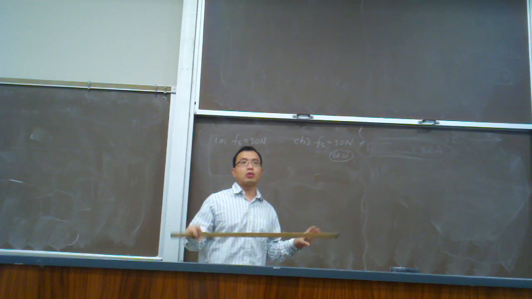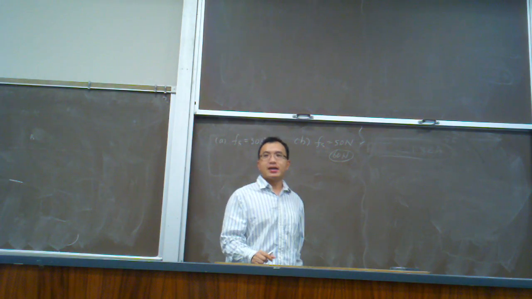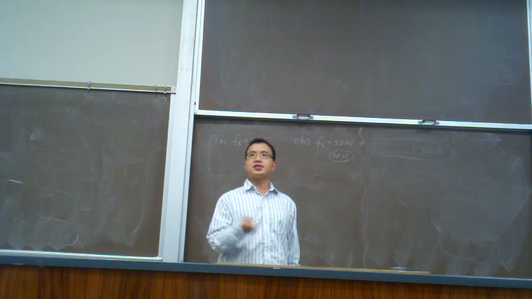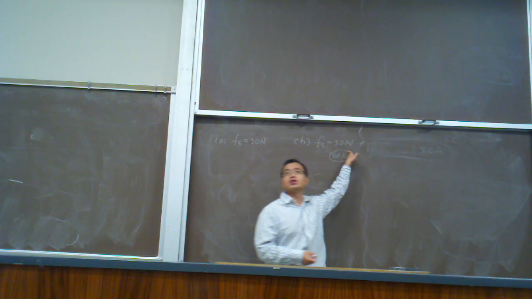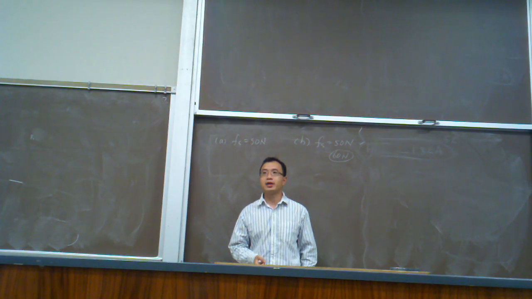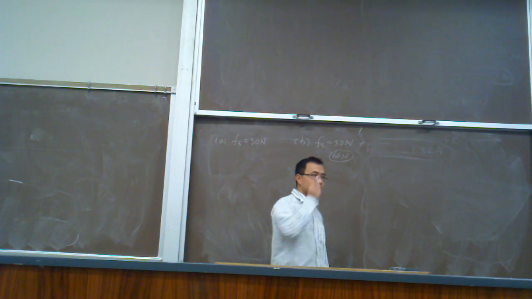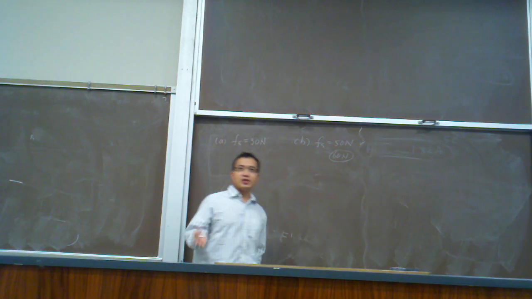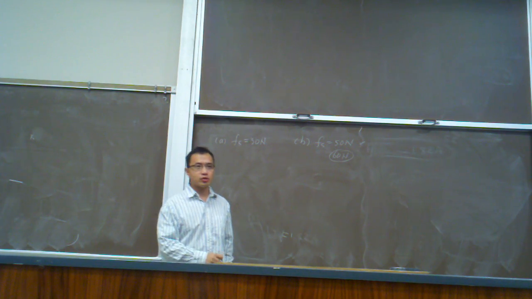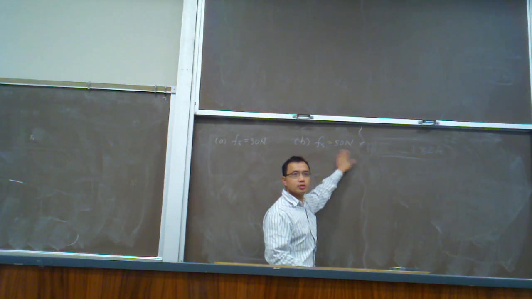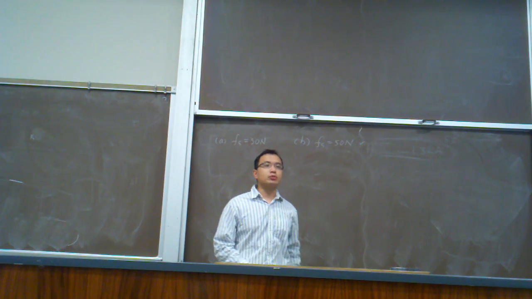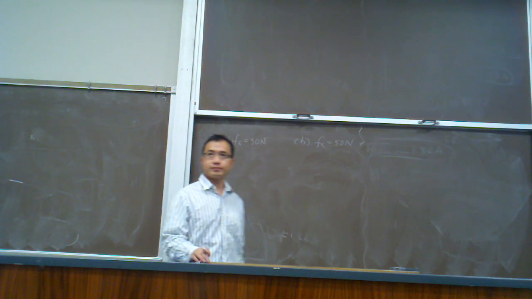So it will try its best. When you pull it with 60 Newton, it will try its best to give you 50 Newton frictional force. Of course, this is not enough to prevent the motion. So if you use the 60 Newton force to pull the object, then it will start to move.